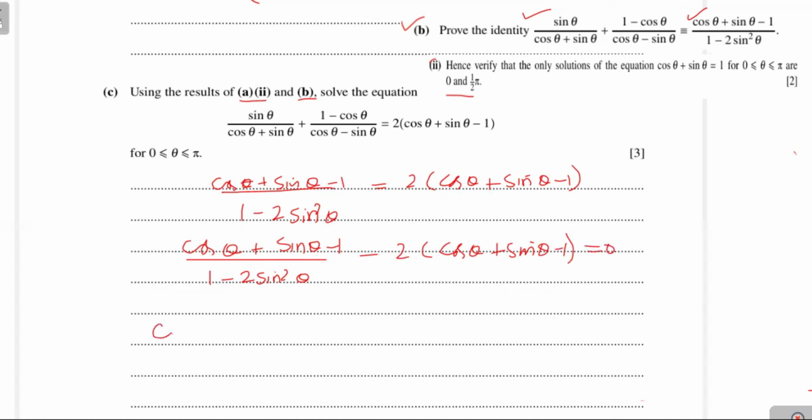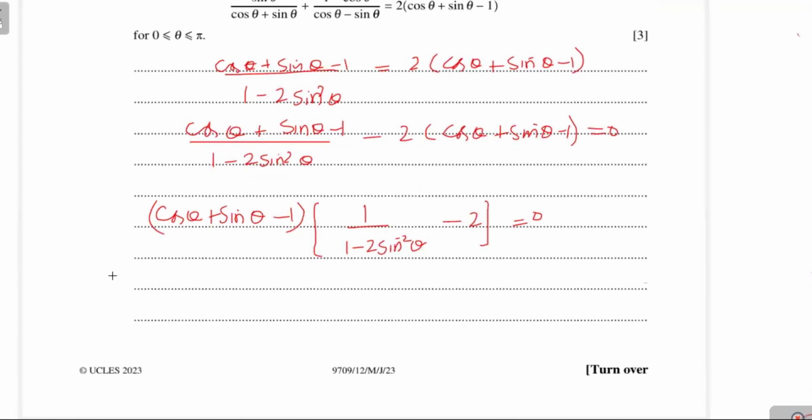Now we take the common cos theta plus sin theta minus 1, and we get 1 over 1 minus 2 sine square theta minus 2, and that is equal to 0. Now we get two factors. One is cos theta plus sin theta minus 1 equal to 0, or 1 over 1 minus 2 sine square theta minus 2 equal to 0.